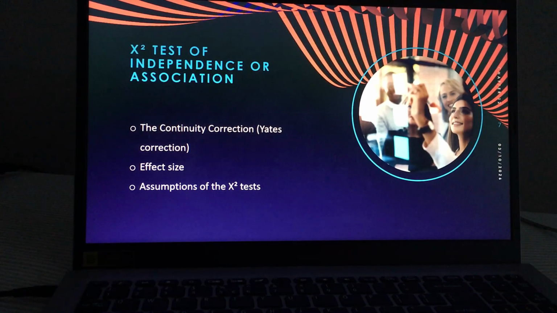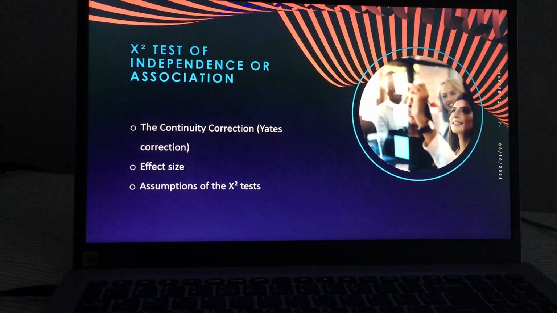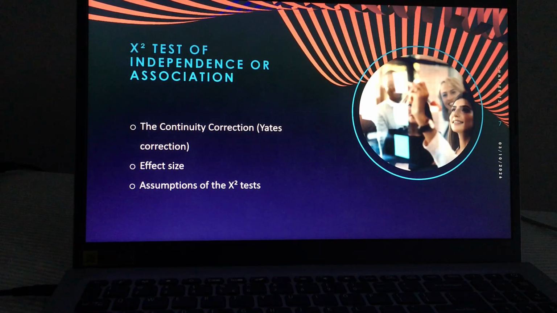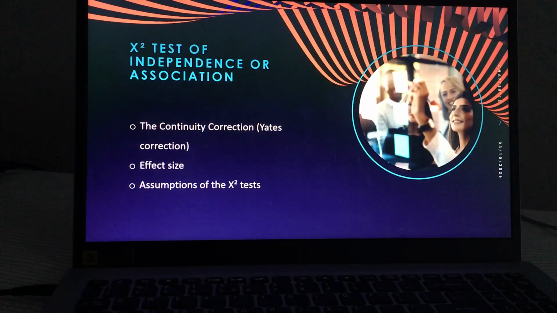So we're going to digress a little bit, and the author is saying that there's going to be a tiny change in how to make calculations whenever you only have 1 degree of freedom. And this is something called the Yates correction or the continuity correction.